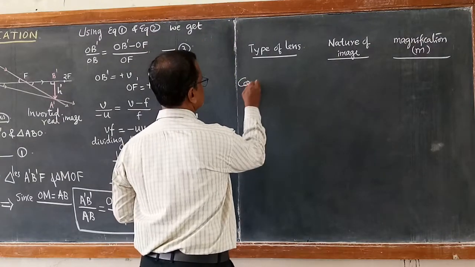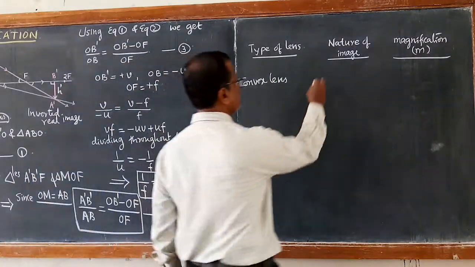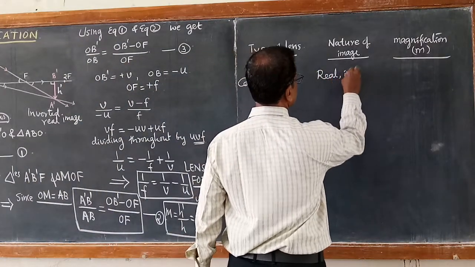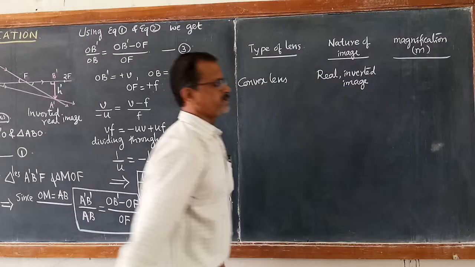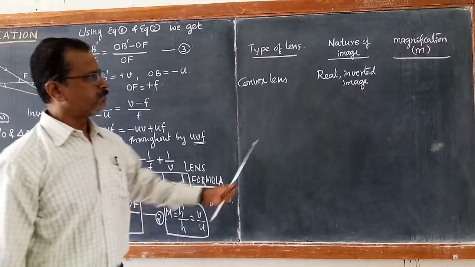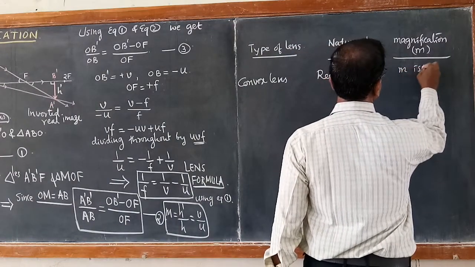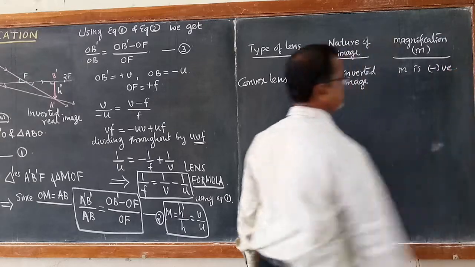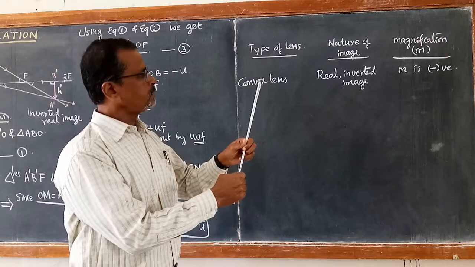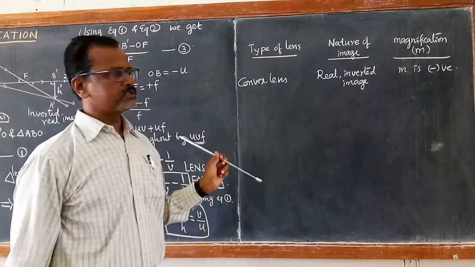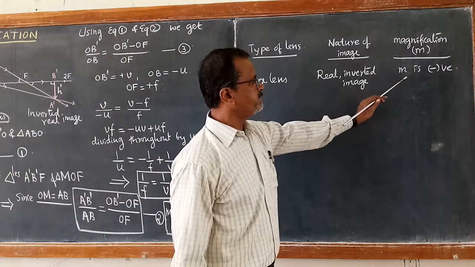If it is a convex lens, when the convex lens forms a real inverted image, remember the magnification becomes negative, because it forms the inverted image, so H dash will be negative and H will be positive. Therefore, for convex lens, for the formation of inverted real image, magnification is negative.